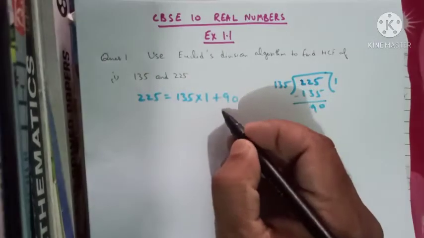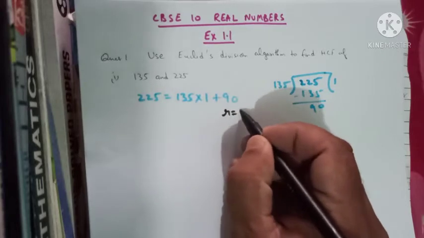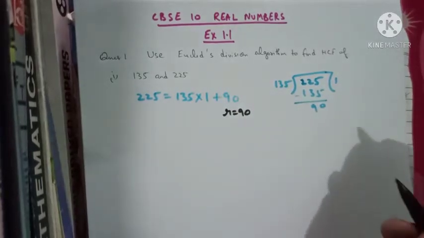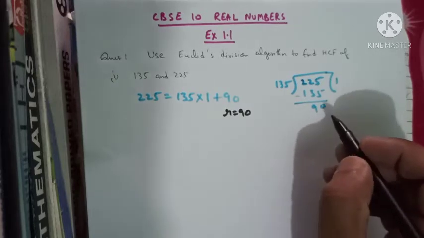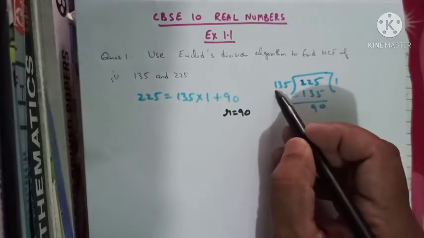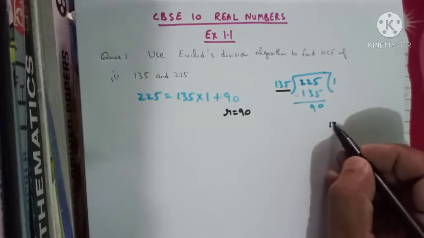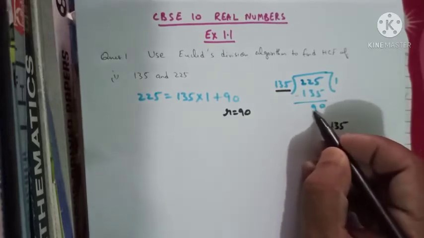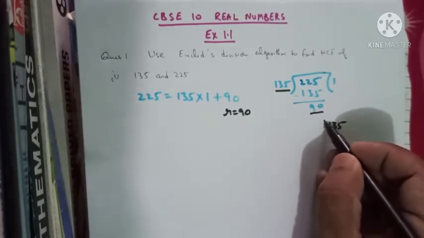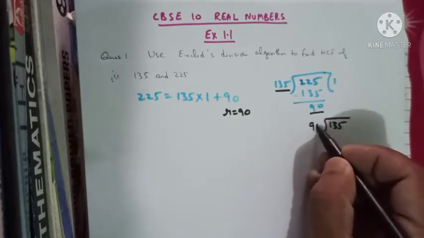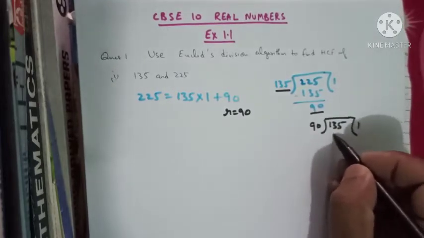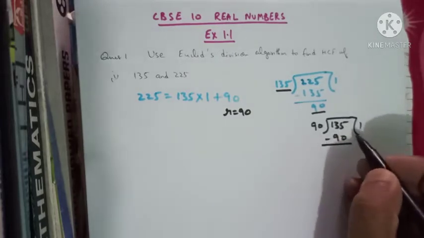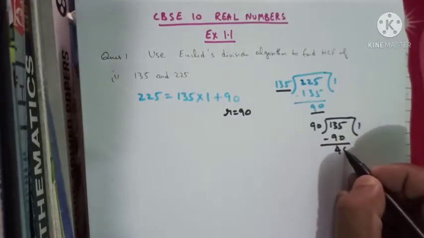Here the remainder is 90, that is not equal to 0. So that means we have to proceed further. Now the divisor of the last step will become the dividend, and the remainder of the last step will become the divisor. So now again 90 ones are 90, 135 minus 90 we get 45.